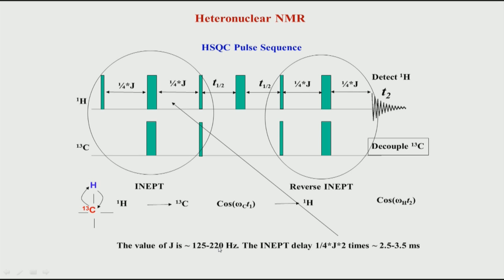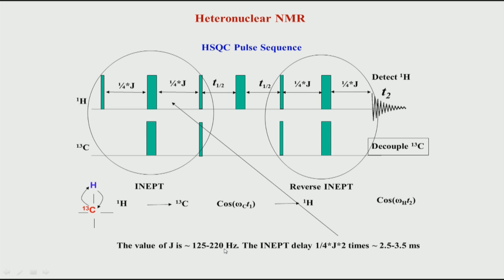We saw in the previous classes that the coupling constant is weak for a CH bond, that is CH in sp3, and as you go to sp2, that is in aromatic, and sp, in acetylene for example, the coupling constant is very high. So, this is a large variation you can see here.